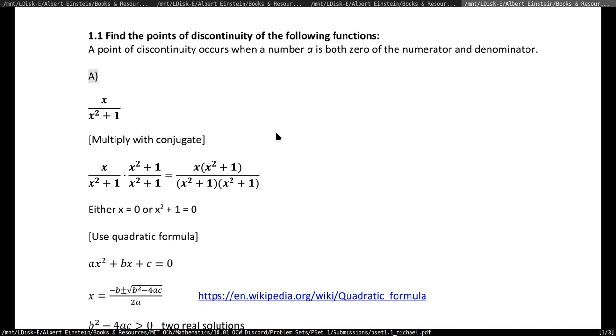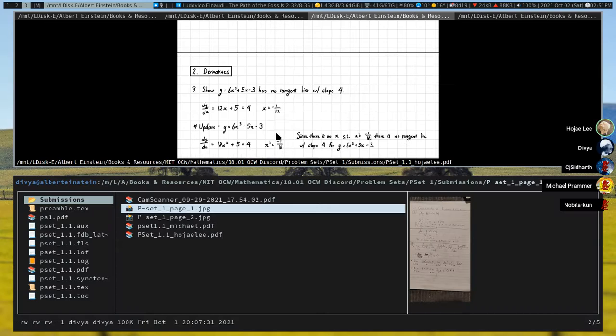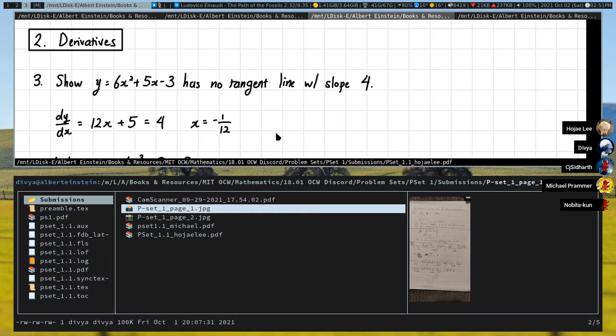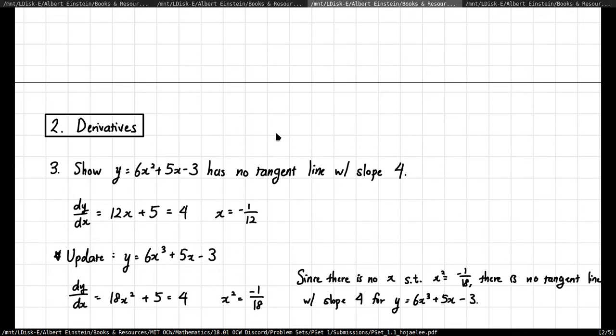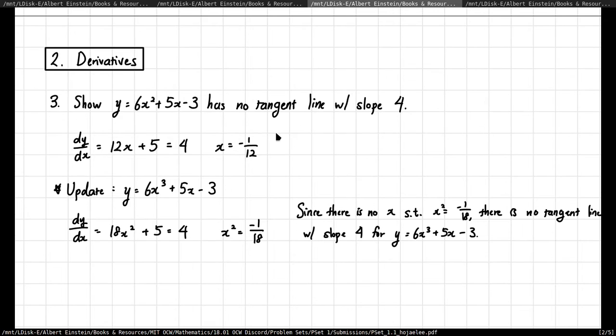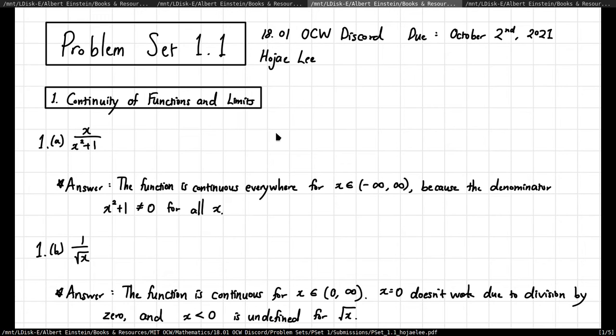I think at least for the first one, we all agree that the function is continuous everywhere. But for the second problem, my answer was that it's only continuous when x is greater than 0, so from 0 to infinity, 0 not included.